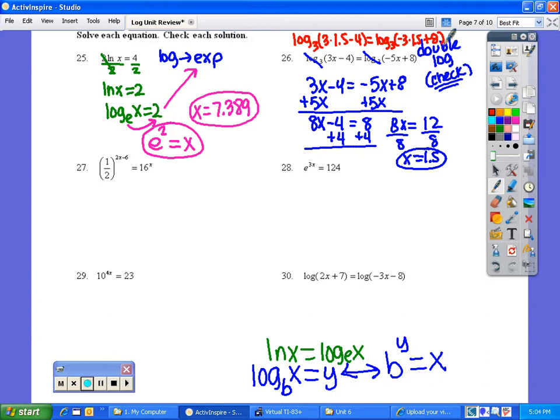So 3 times 1.5 is 4.5, and 4.5 minus 4 is 0.5. And negative 3 times 1.5 is negative 4.5.